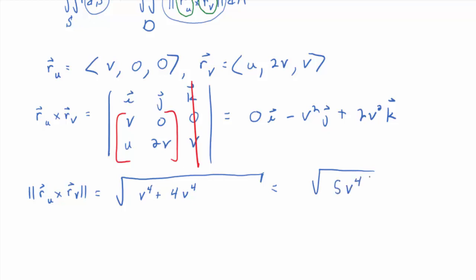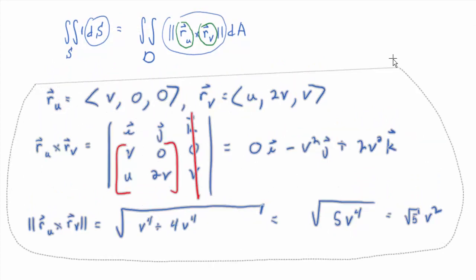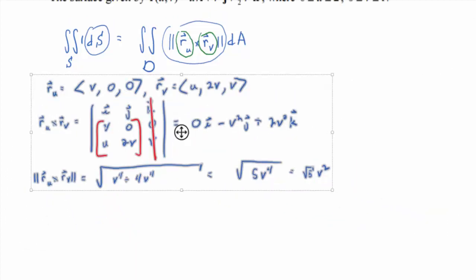That simplifies, doesn't it? So it'd be root 5 times v². That's your integrand. Everybody see that? So let me shrink things so we can see more.